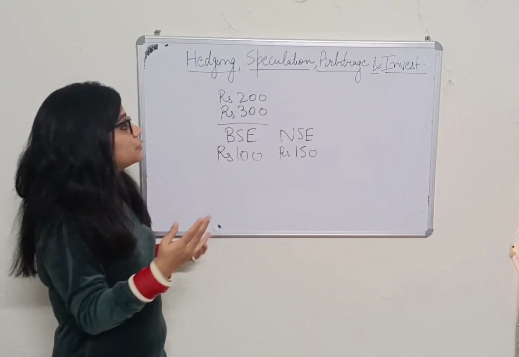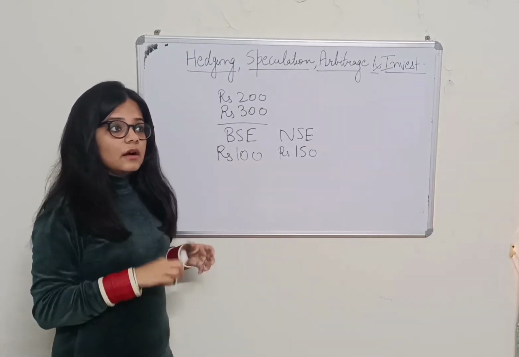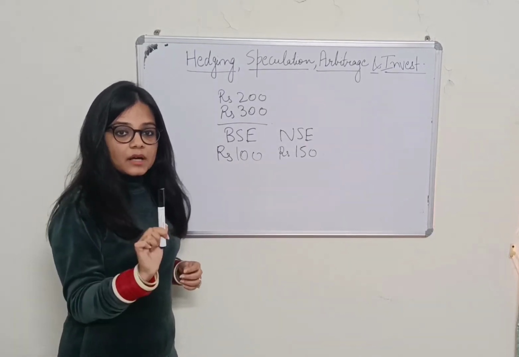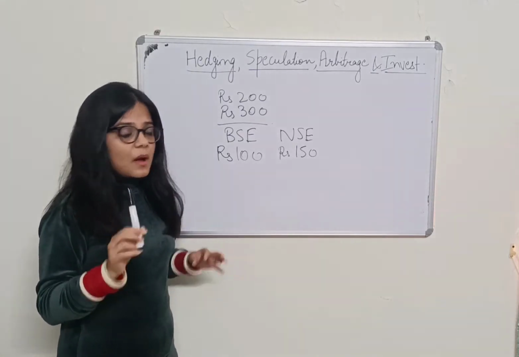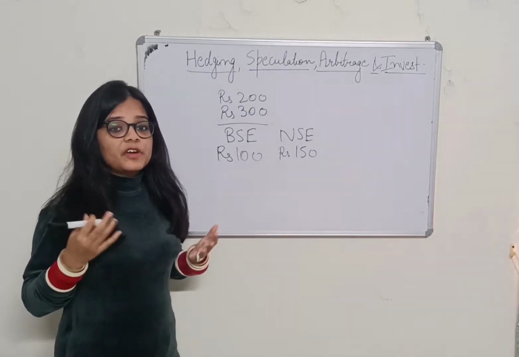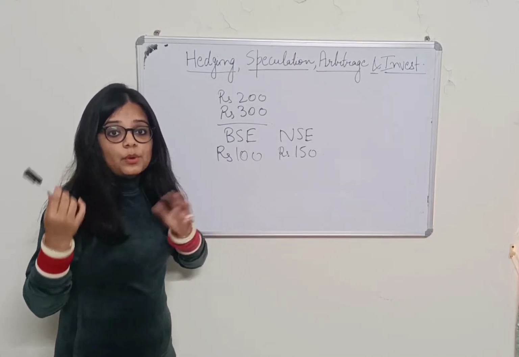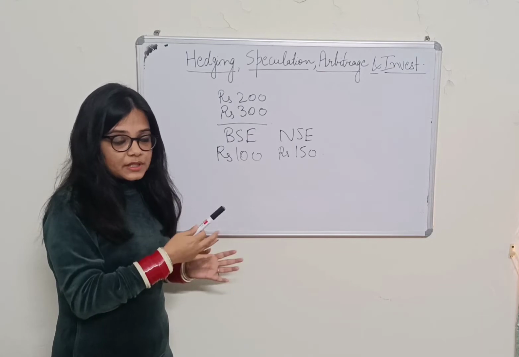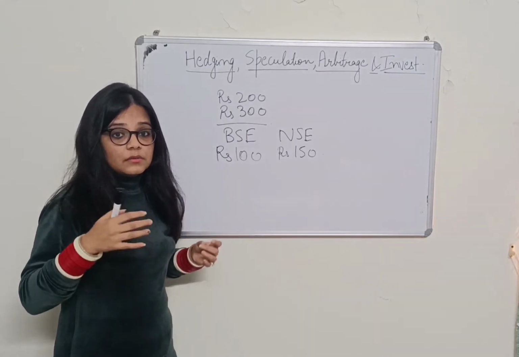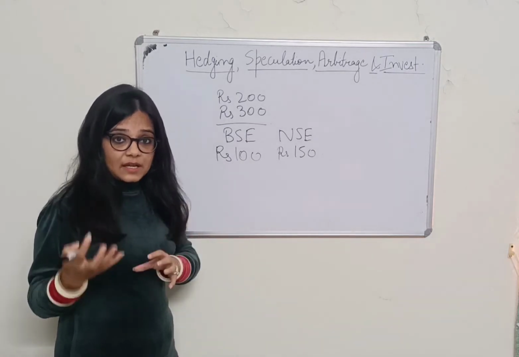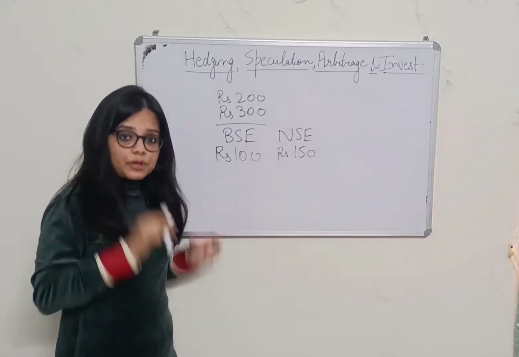So coming to the next example, suppose I want to purchase this marker, but I want to purchase it after 1 month, right? But I am very afraid of the price, like what will be the price of this marker after 1 month. So what I can do is I can make an agreement with the seller and tell him that let's decide the price of the marker today, right?